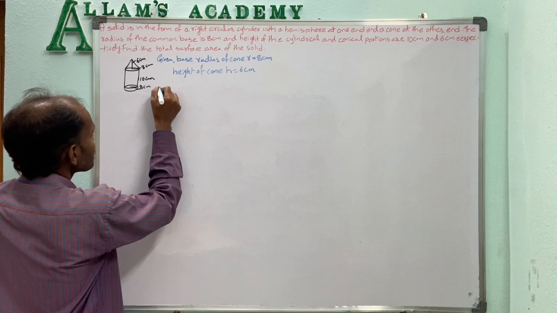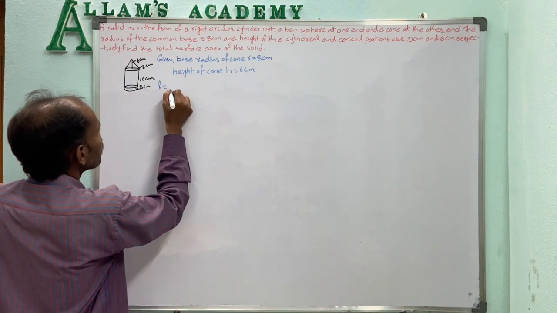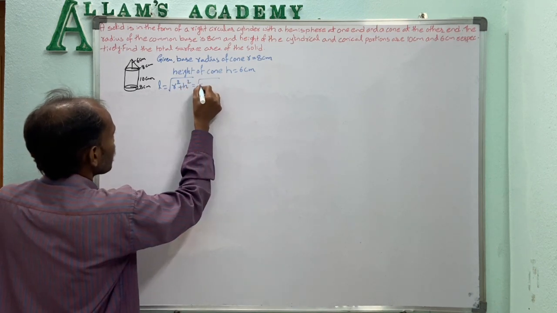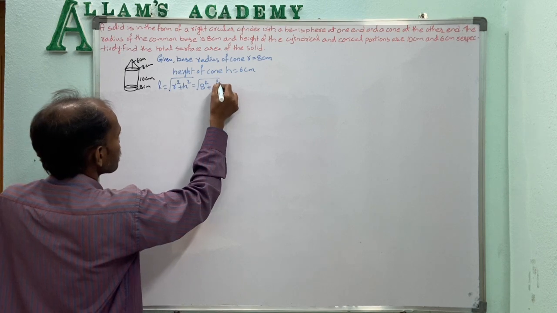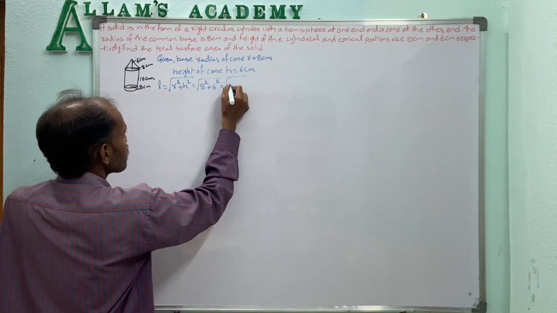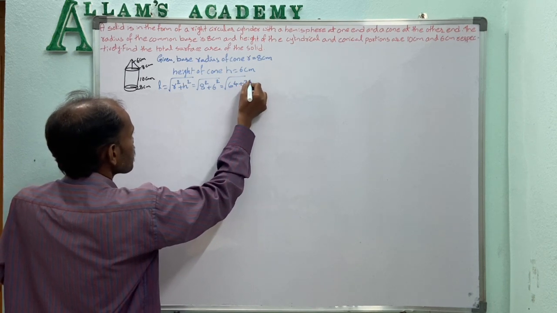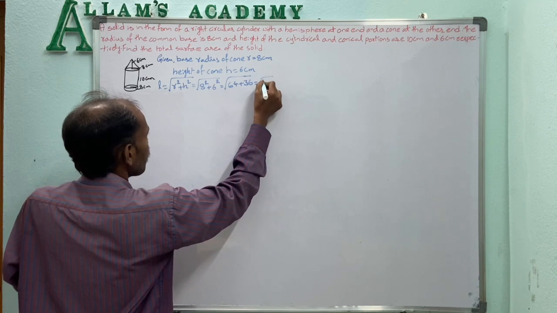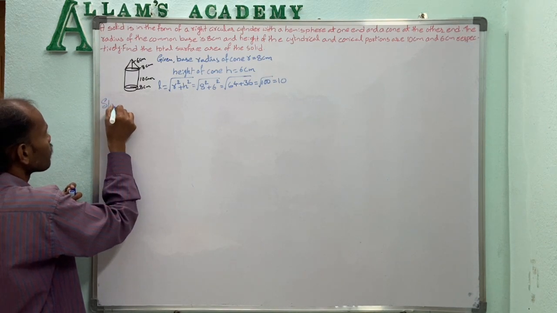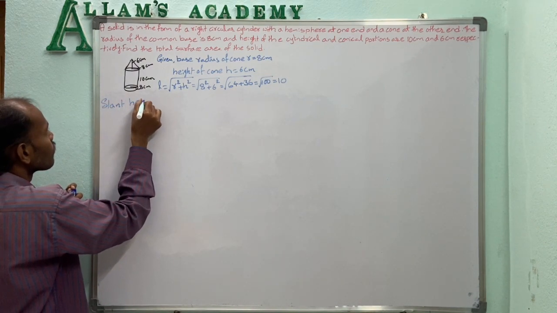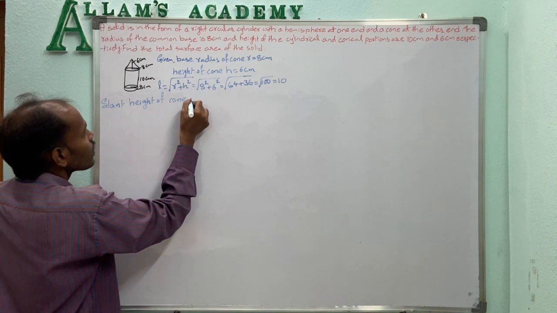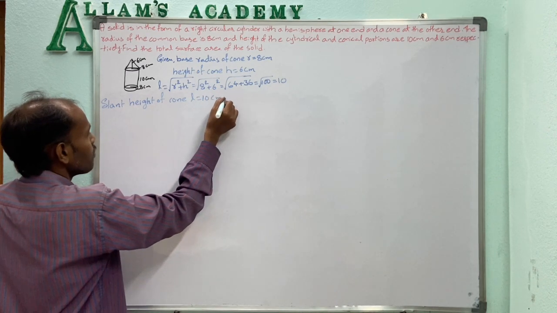L is the slant height, L equal to under root r square plus h square, that equals under root 8 square plus 6 square, that is under root 64 plus 36, that equals root 100 equal to 10. So the slant height of the cone L equals 10 centimeters.